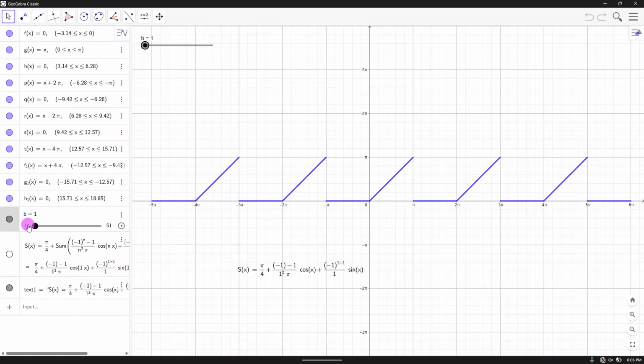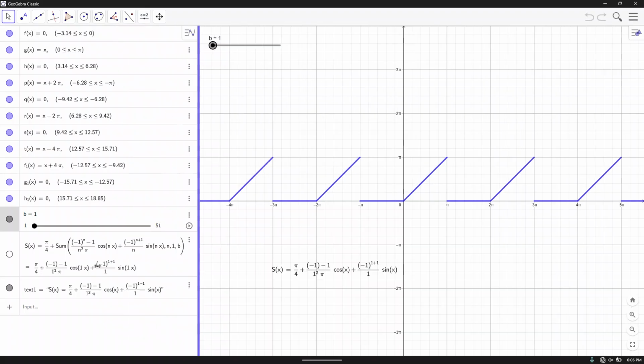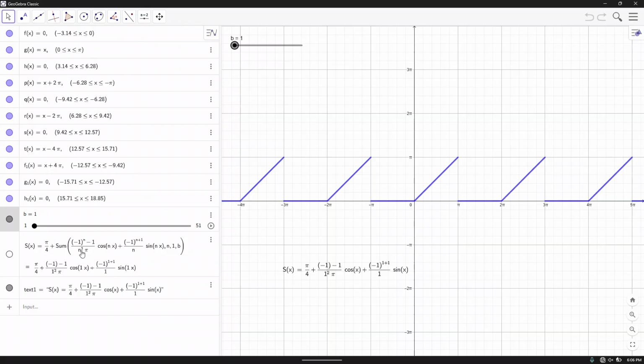Again, here I have the sum pi over 4 plus sigma of negative 1 to the n minus 1 over n squared pi times cosine of nx. In this case I use x because GeoGebra uses the variable x. And then plus negative 1 to the n plus 1 over n sine of nx, where n goes between 1 and b.